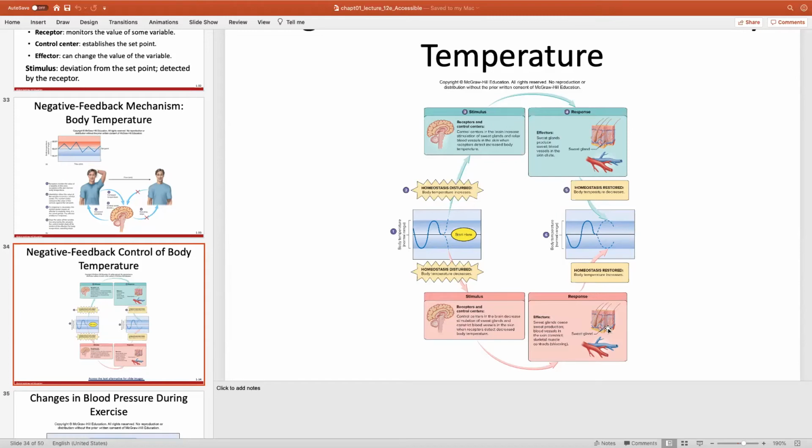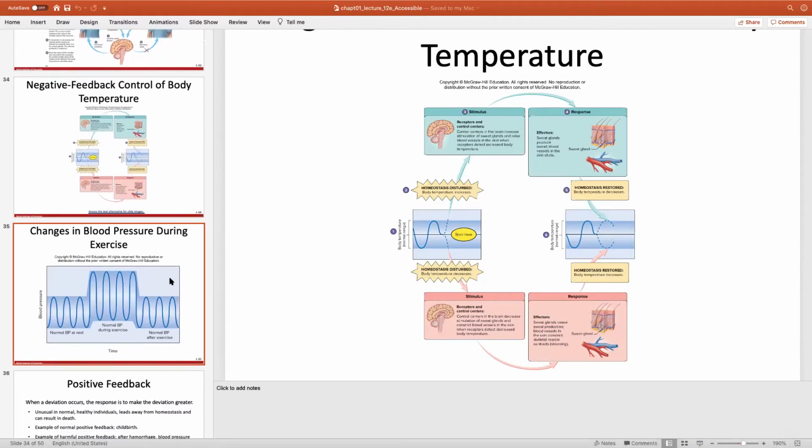We call that frostbite, right? So there's a limit to how much we can control our body heat when it gets too cold. If it's within our normal range of coolness, then this response is good enough to bring us back up towards that 98.6 set point.